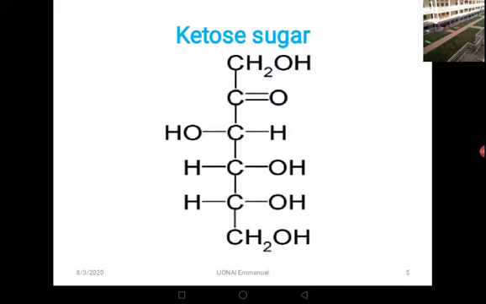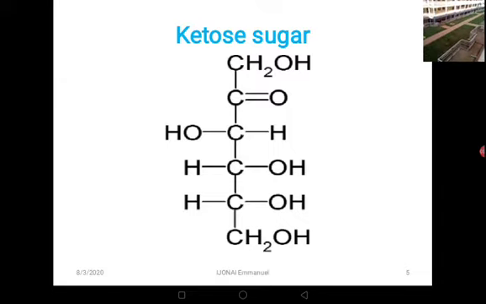So the C is located between 2 other carbon atoms, in the middle where there are carbon atoms surrounding it. So that one becomes a ketone. You remember in an aldehyde, the C double bond O is at the end of the structure, and in the ketone, the C double bond O is in the middle. So a ketone, which is a sugar, is called a ketose sugar, as you can see there.